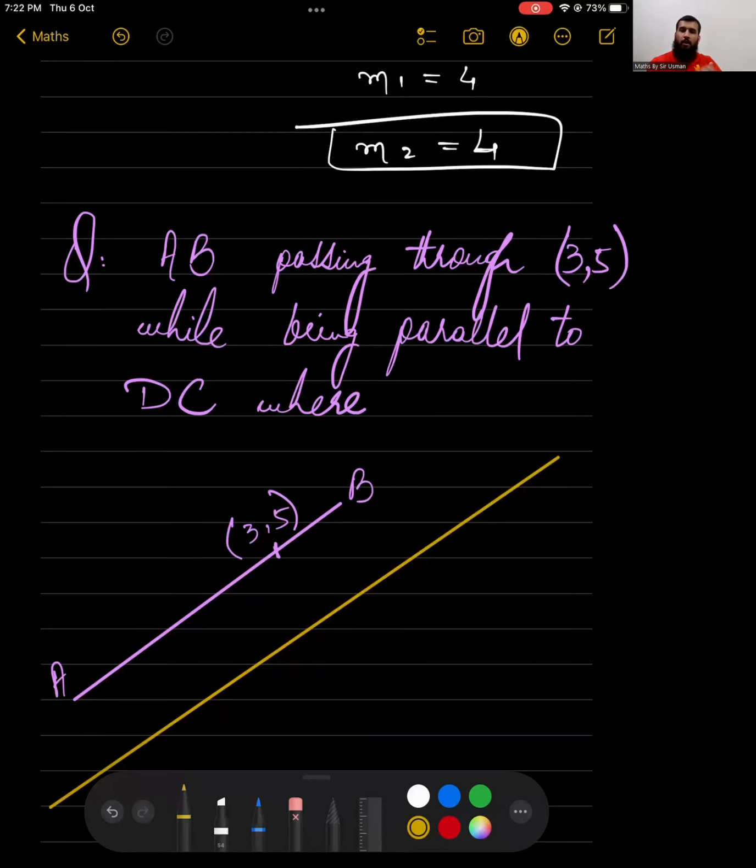DC से parallel है ये line और D का point हमें given है as 10,12 and the point of C has been given as 8,16. Now what you need to do is you need to figure out the equation for line AB.